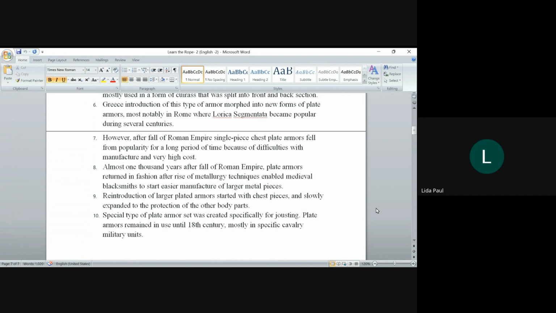Second one, returned in fashion after rise of metallurgy techniques enabled medieval. Anything there? In fashion. How will in fashion be an adverb? What is fashion here? It's used as a noun. In is used as a preposition.